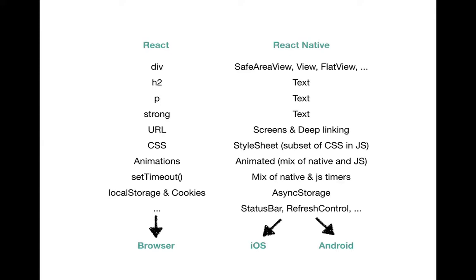Animations. Animations are tricky in React Native because JavaScript is slow. It sits in its own thread, and you need to communicate that you need to animate something to the UI thread, and the only way to do it is through the bridge and native modules and so on. So the implementation of animations is complicated.